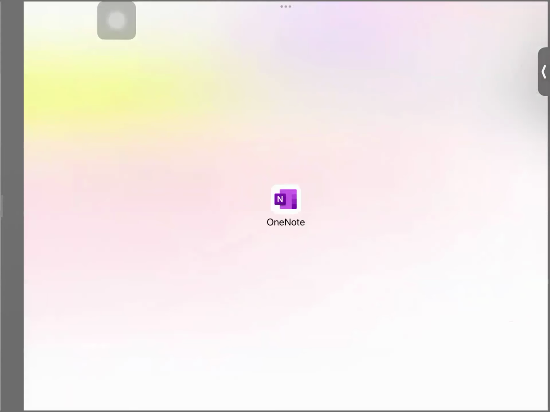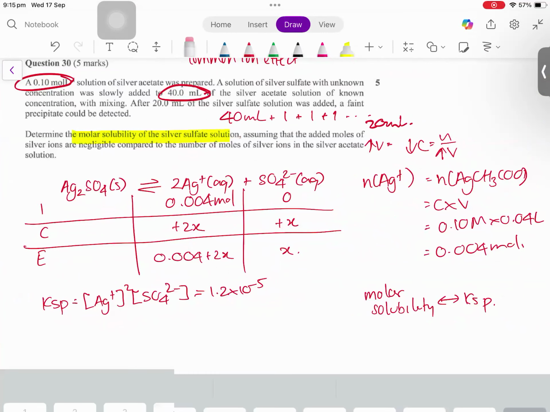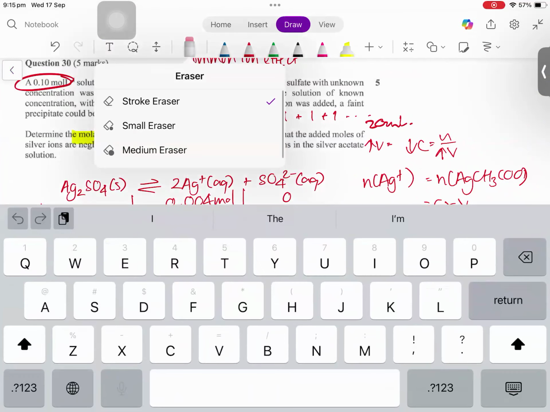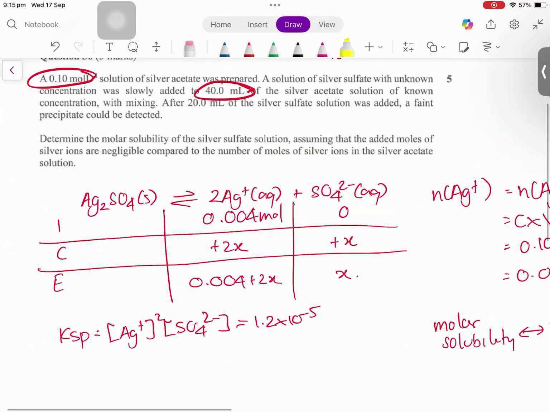Now, guys, they told you to make an assumption. What they told you in the question was that you can assume that the added amount of silver is negligible compared to the moles of silver ions in the silver acetate solution.